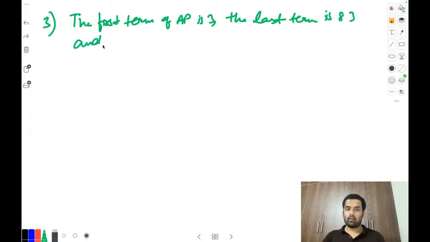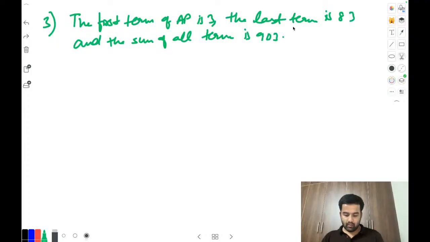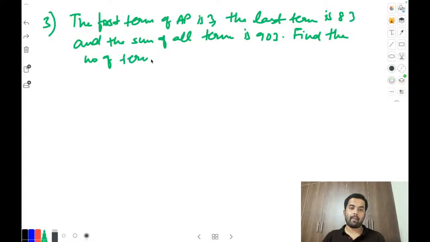And the sum of all terms is 903. Find the number of terms and common difference.